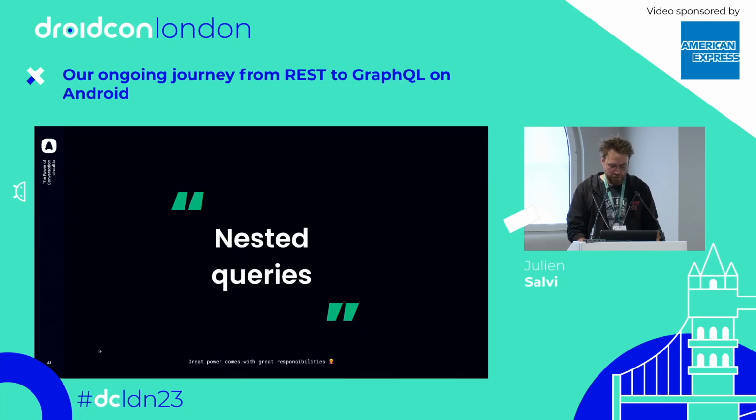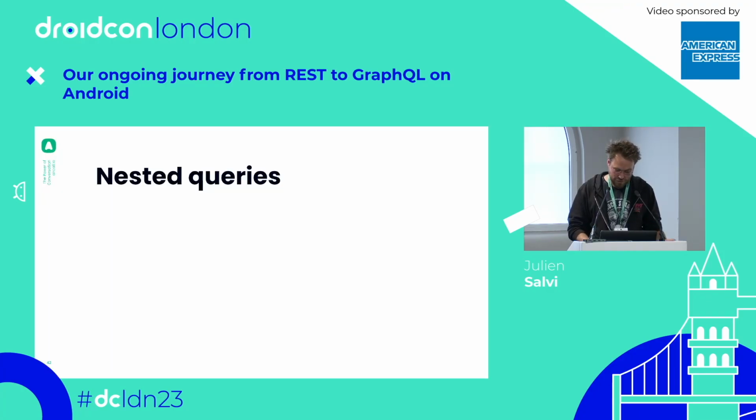Another thing we were experimenting with, especially dealing with nested queries, is very nice. It's powerful, but with great power comes great responsibility. So there is a risk in using nested queries. GraphQL offers many capabilities.